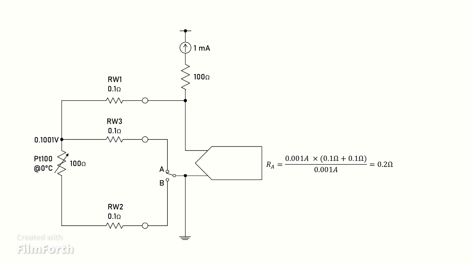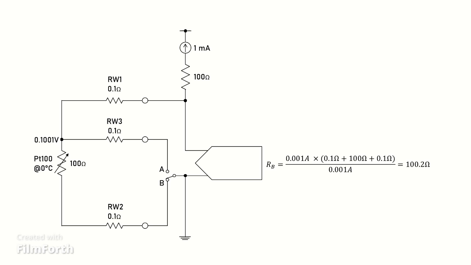In position A, the circuit will measure the resistance of RW1 and RW3, which in this case comes out as 0.2 ohms. Let's call this resistance A, or RA. Other parts of the circuit, not shown here, will store this number in memory.